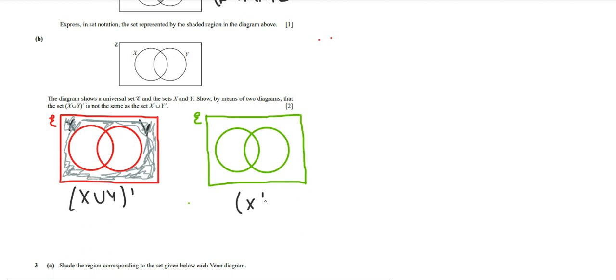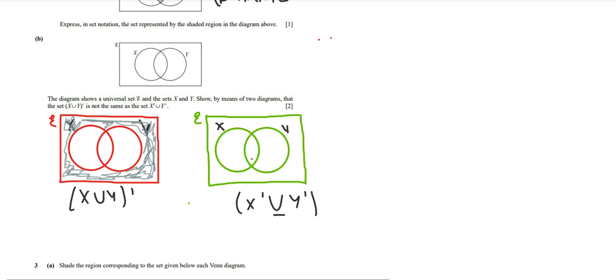X complement union Y complement. Okay, let's add X there, let's add Y there. So X complement union Y complement. How do we want to represent this? Well, let's start by looking at X complement. Since it's a union, we want everything in X complement and everything in Y complement. Take your finger, your thumb, your fist, whatever, and cover X completely.